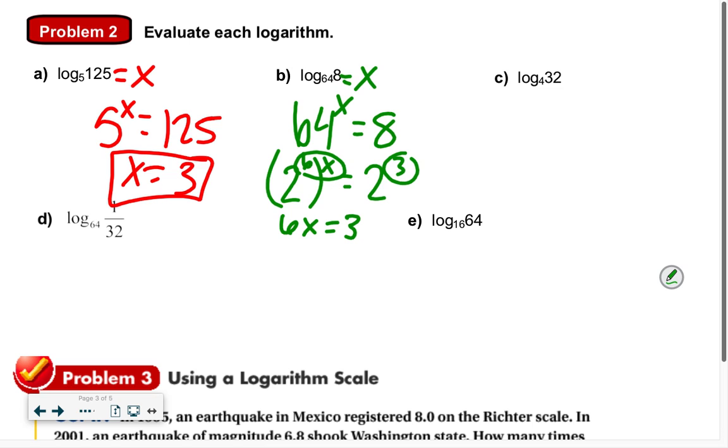So just set it equal to what you want it to be. If I divide, what do I get? 3 divided by 6 is a half. Is there a way to check this? Yep. What can I do? Take 64 to the 0.5 power, what do you get? So does it work?